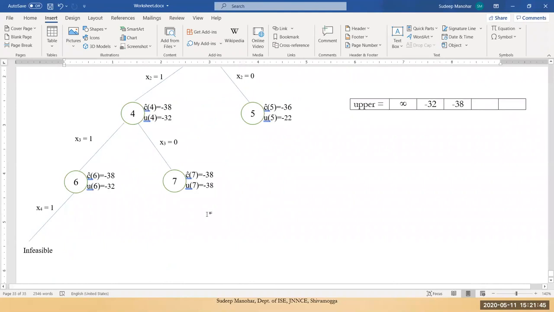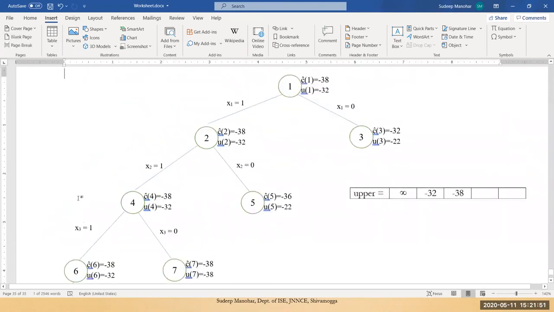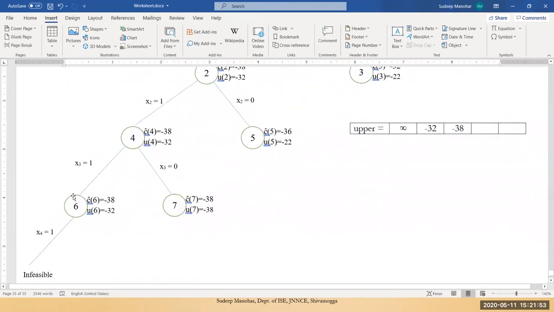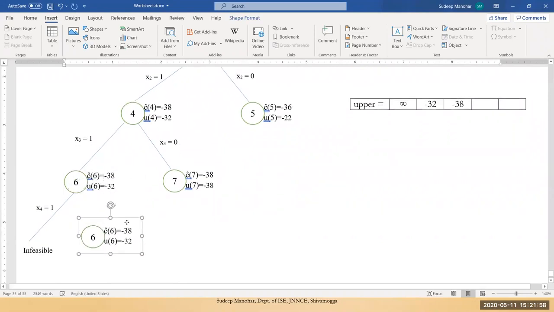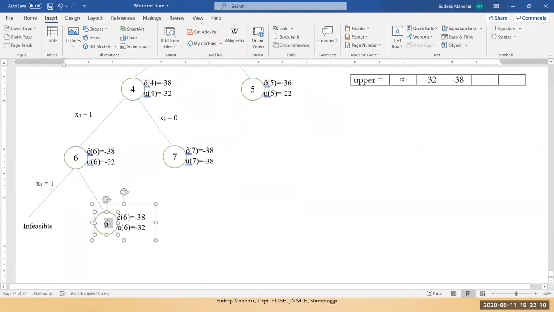Next, you can see this, the right child of node number 6. It is node number 8.